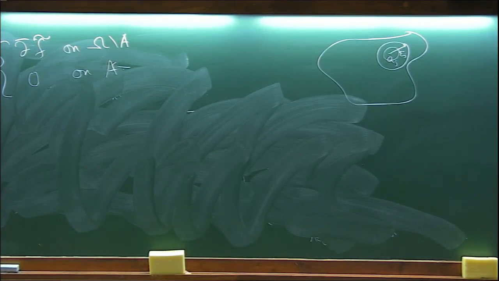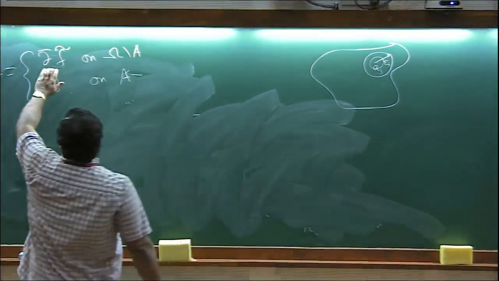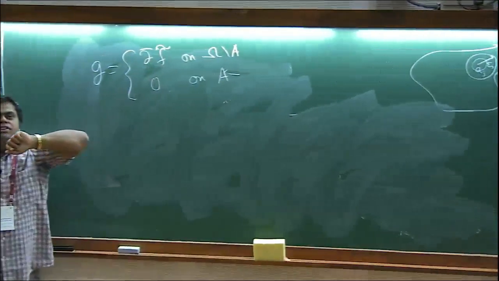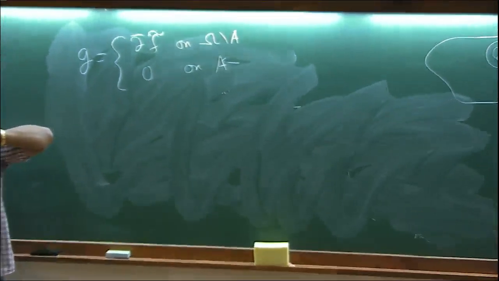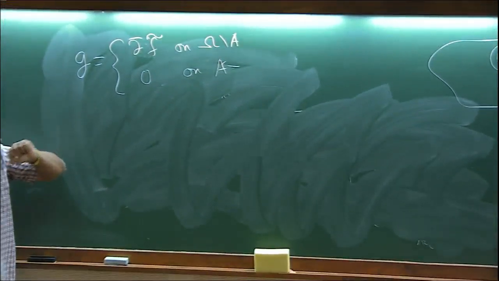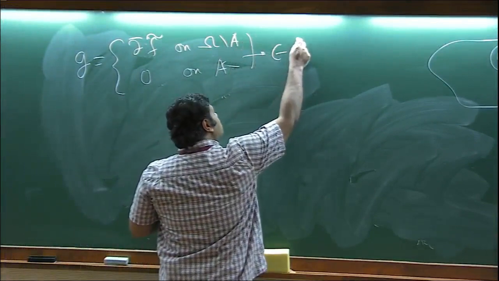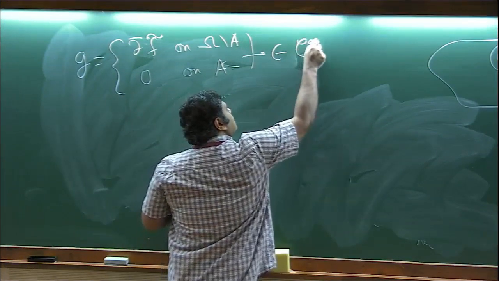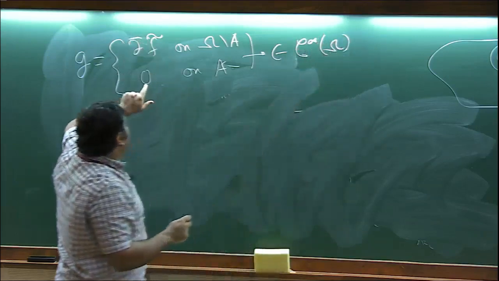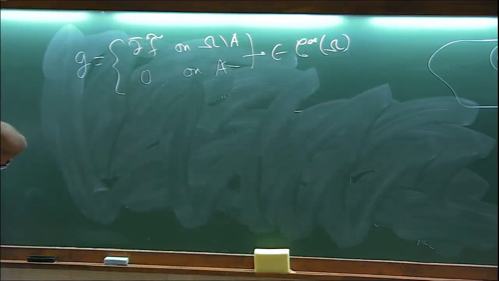It is equal to fj, which is holomorphic. So therefore, what can I say about this d bar of f tilde near each point aj? This function therefore belongs to C infinity of omega, because I just extended what was 0 by 0.